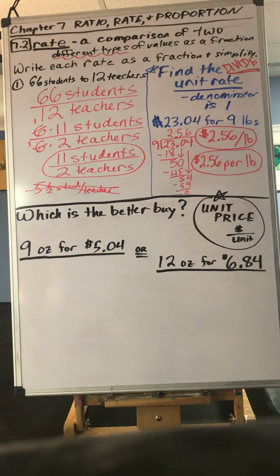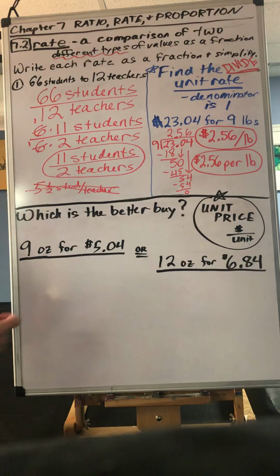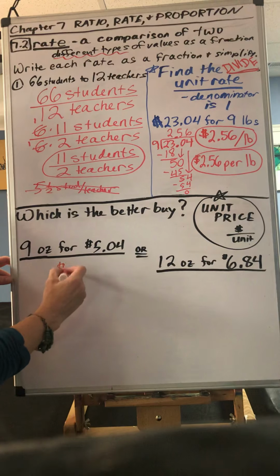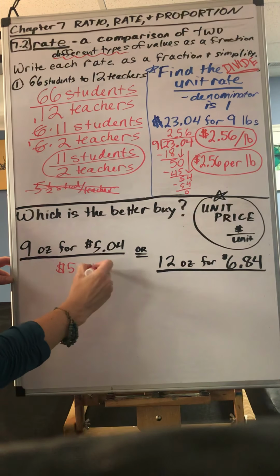Okay. All right, and then finally, the last question here, it says, which is the better buy? 9 ounces for $5.04 or 12 ounces for $6.84. Now, unit price is the cost per unit. Order is important. So let's say over here, cost is $5.04.